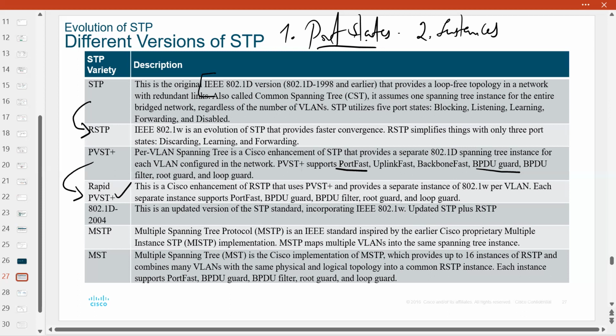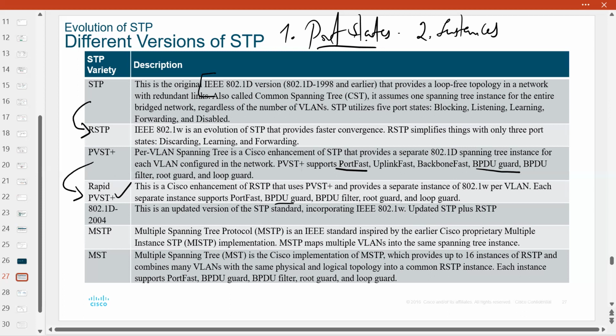This is the Cisco enhancement of RSTP, providing a separate instance per VLAN. It supports PortFast and the BPDU guard, and convergence is also helped by alternate ports. I think that's explained in the next slides.